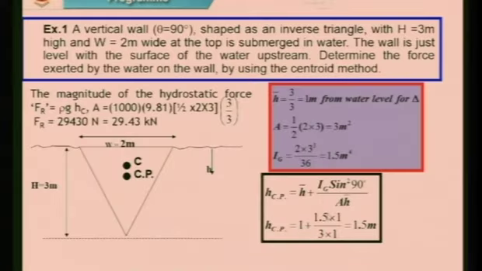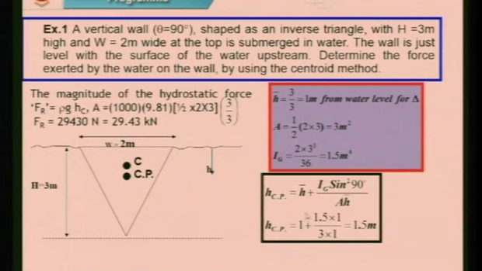Ig 1.5 here, sin square 90, everybody knows sin 90 is 1. So we calculate 1.5 into 1 divided by the area of the triangle, half base into height, into hc bar, which is nothing but 1 meter. So if you calculate hc bar, it is coming 1.5.